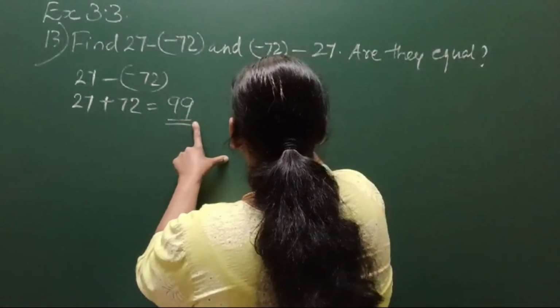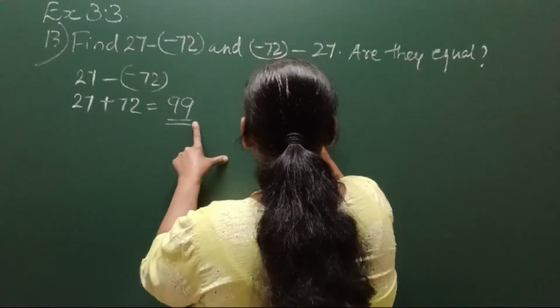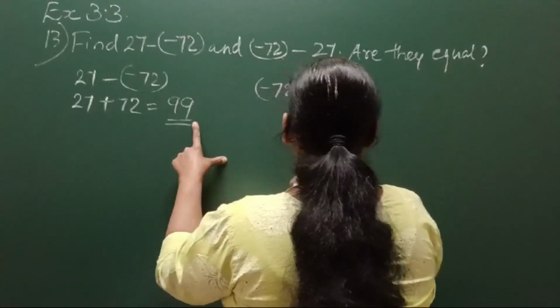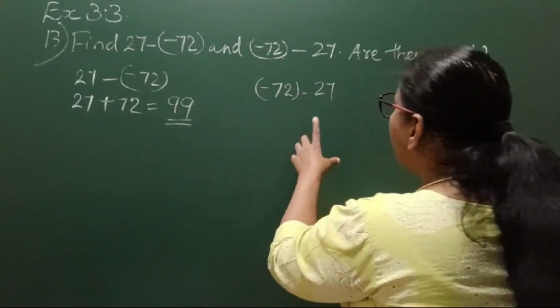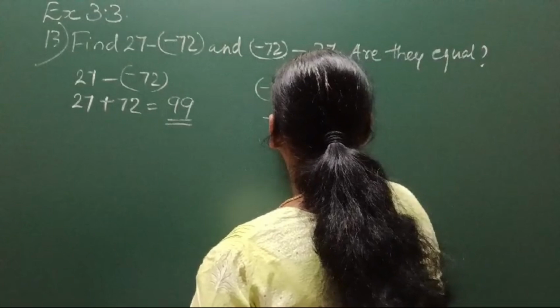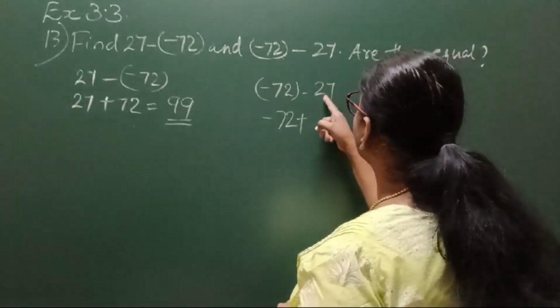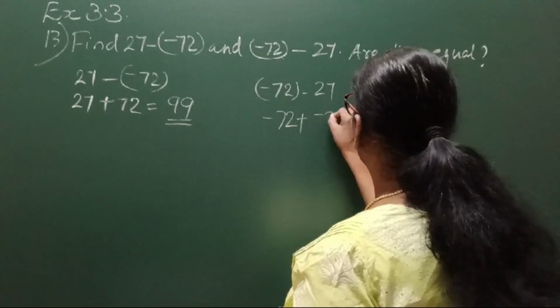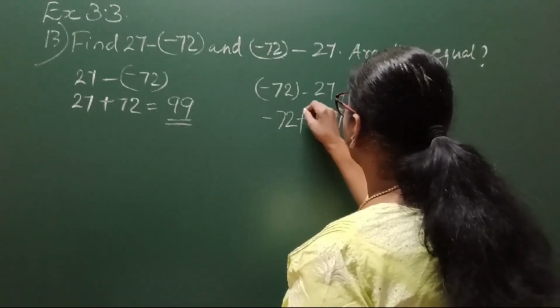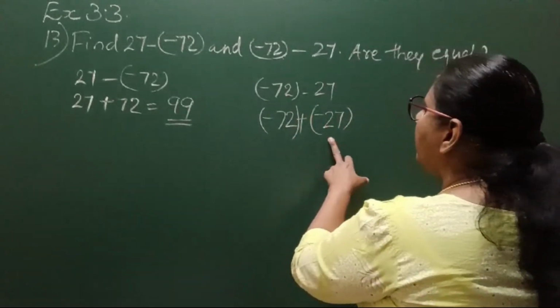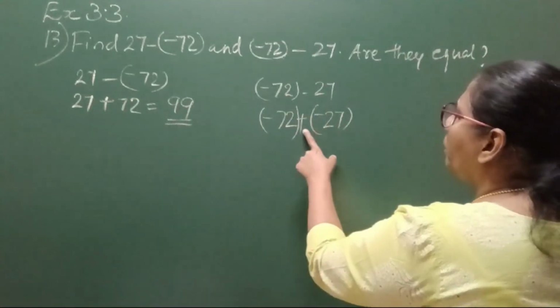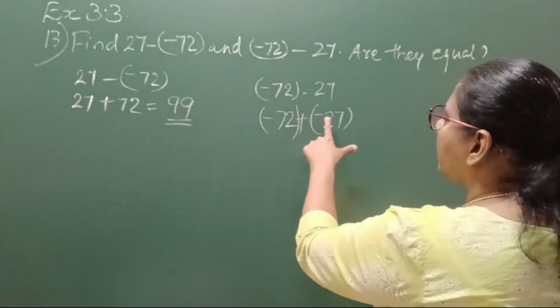Now we have to see this, minus 72 minus 27. Again here, the same: minus 72 plus the inverse of this, which is minus 27. Then 72 plus 27, both are the same sign.